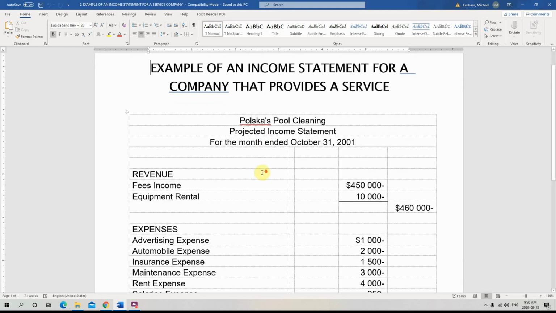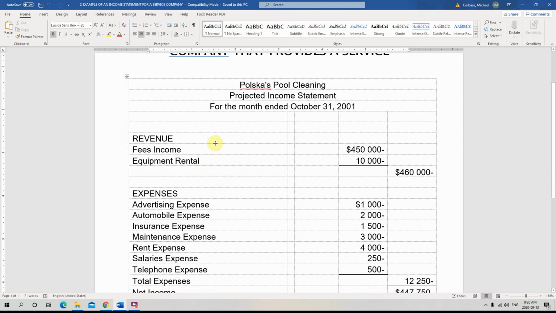Now, again, you're going to list the income statement's 2 columns. The revenue goes first. You're going to use that middle column to start, and you're going to add these up to get a total revenue of $460,000. You can write total revenue there, but you don't necessarily have to. I know that this is a total.